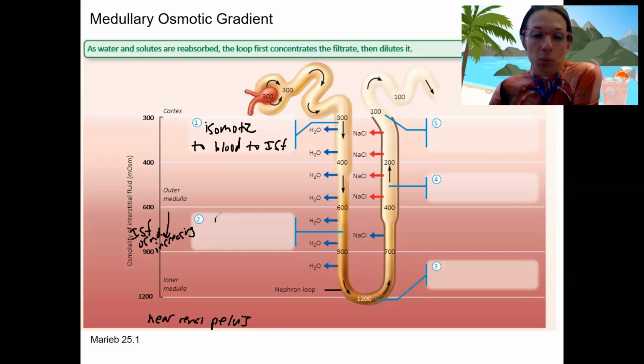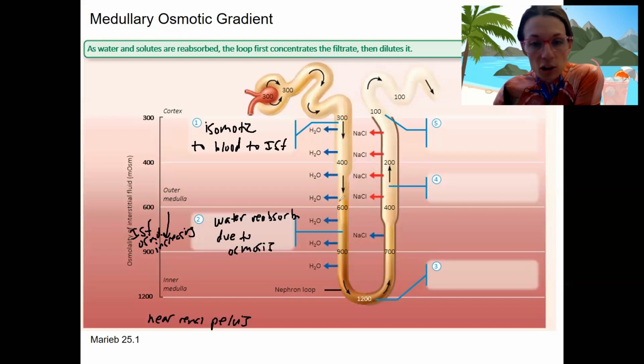That's going to result in water reabsorption down that osmotic drive. So at this point, the filtrate entering is like 500. As it enters the renal medulla that is 600, water flows out down its osmotic gradient due to the osmotic gradient and concentration in the medulla itself.